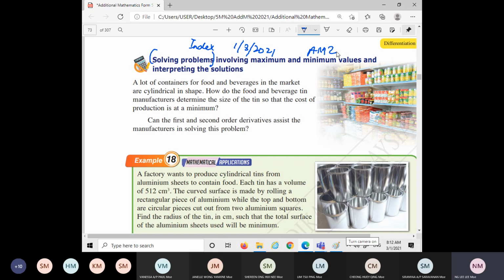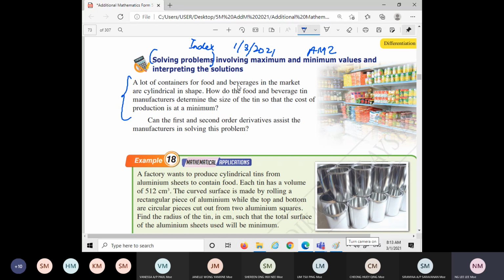Let us study this. What kind of problems can you solve by using differentiation? Differentiation is actually a very powerful mathematical tool for you to solve a lot of problems.